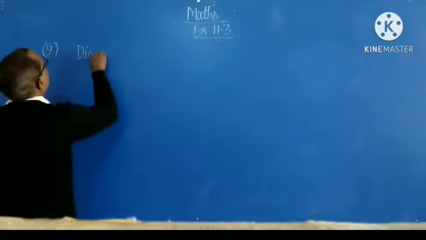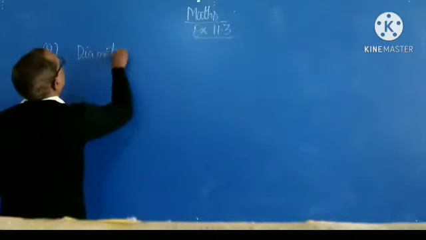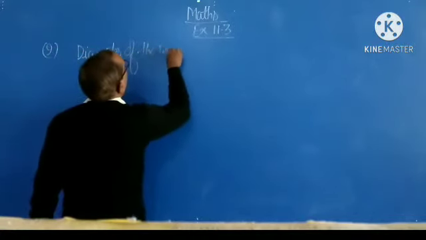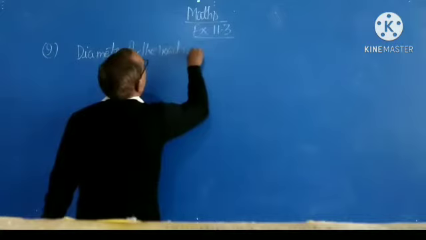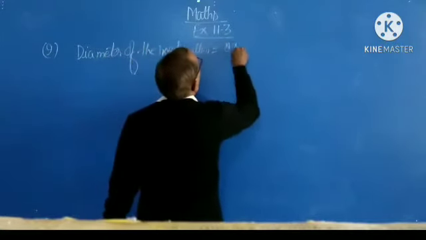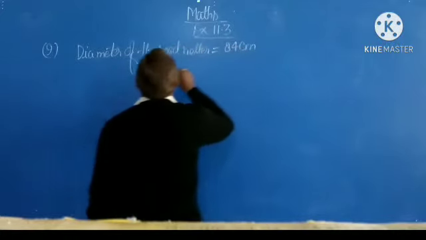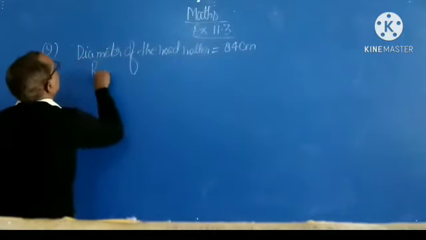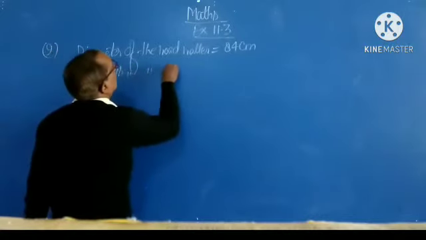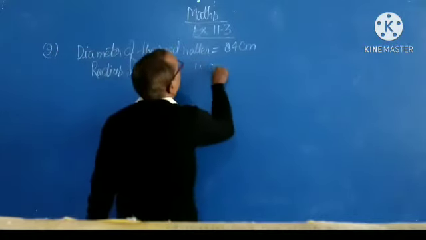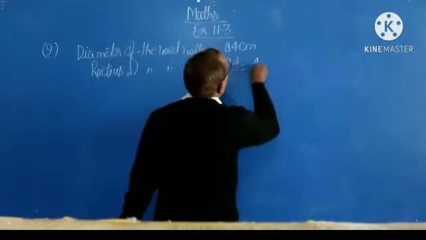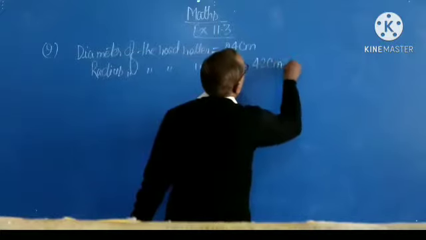In this question, given here diameter of the road roller is equal to 84 centimeter. Then radius of the road roller is equal to 84 upon 2, that is 42 centimeter.